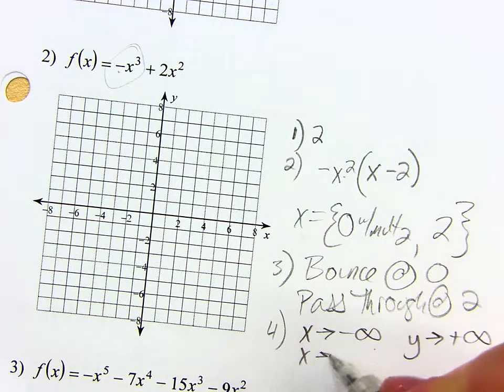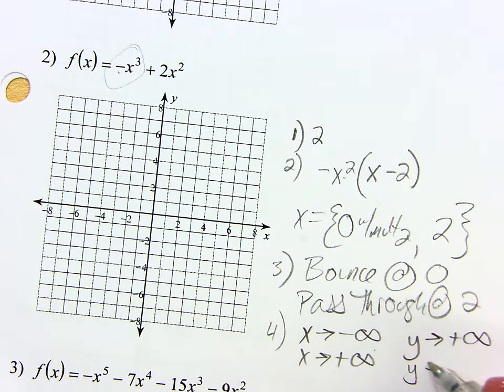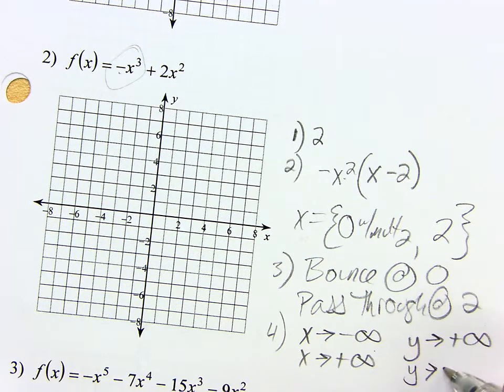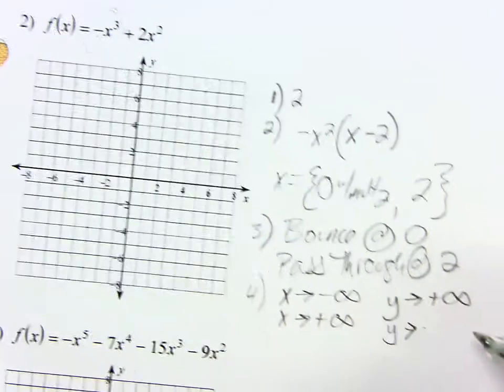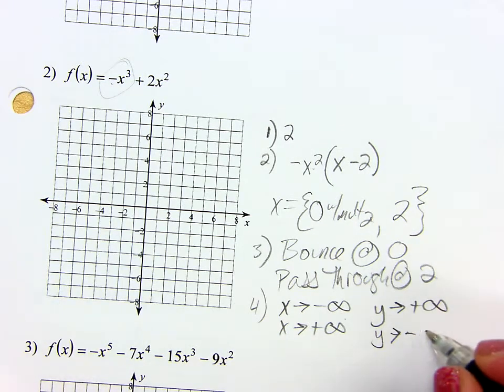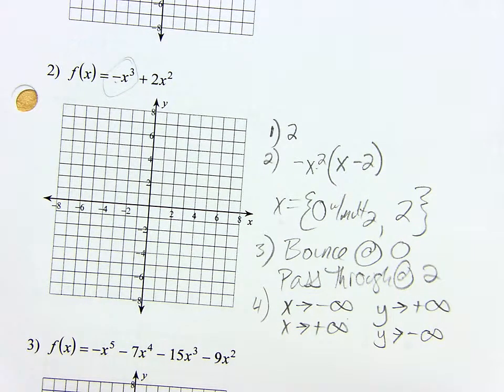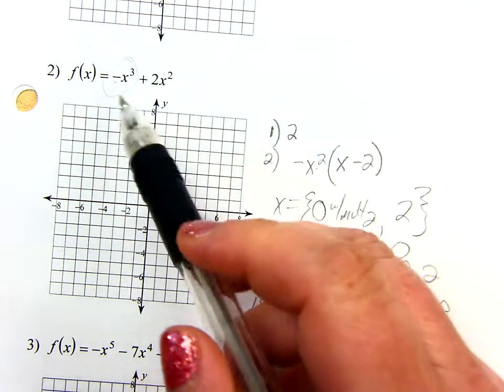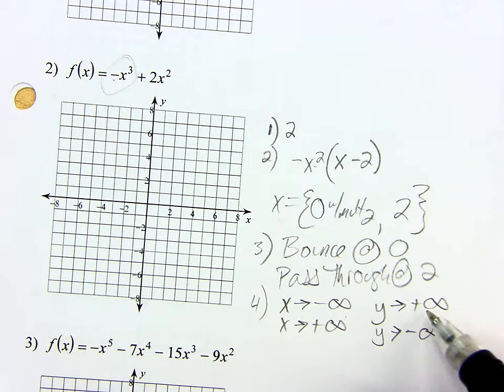And then, as your x approaches positive infinity, that's your right hand. What's your right hand going to do? It goes down. So, odd exponents, they do the opposite of each other. And since the leading coefficient is negative, it's going to come from the positive.